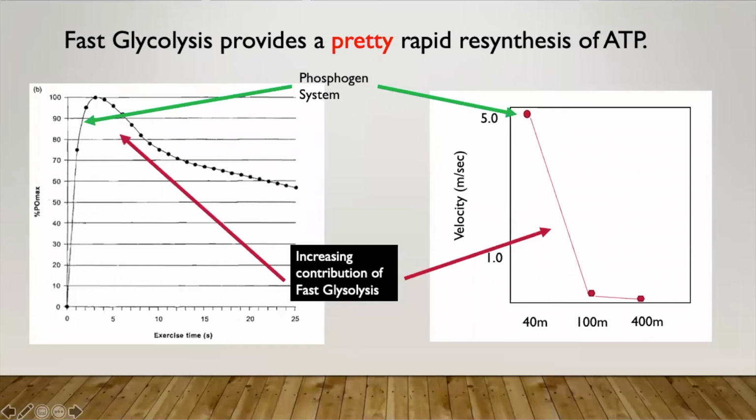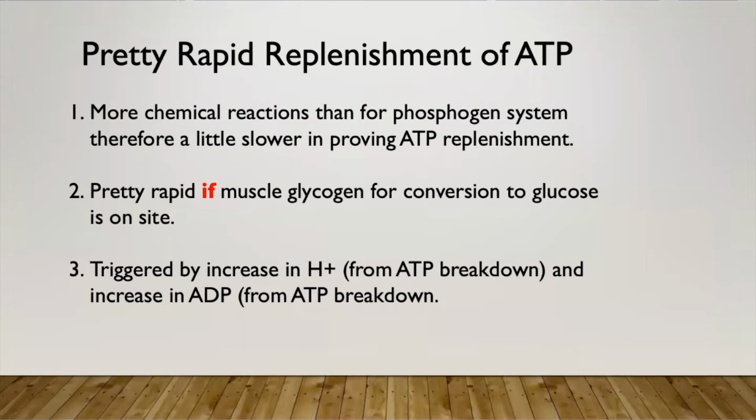As the duration of the activity increases, there is more contribution of fast glycolysis in the resynthesizing of ATP. So you also saw now that we had a number of reactions in the fast glycolysis pathway. That makes it go slower than the phosphagen system.